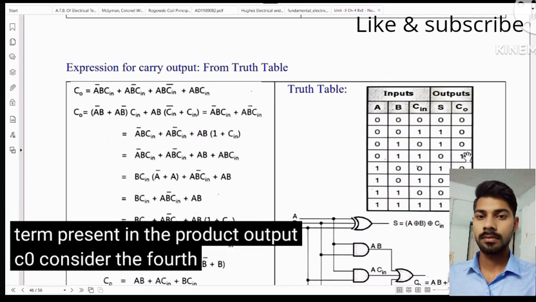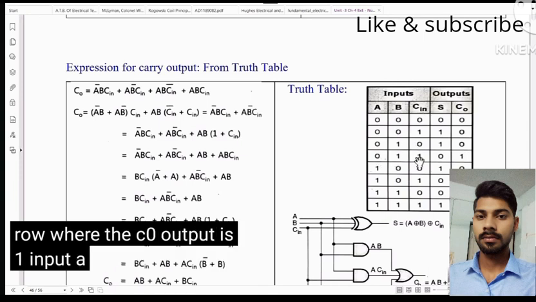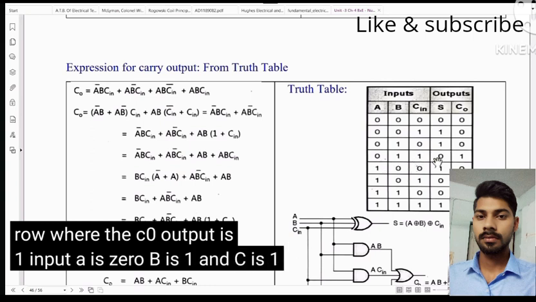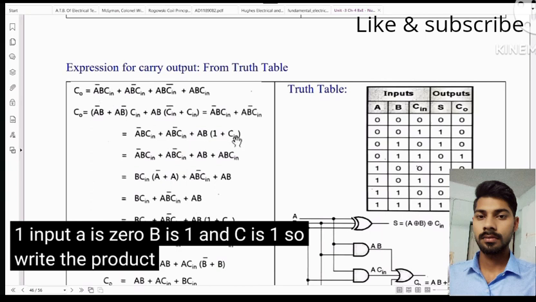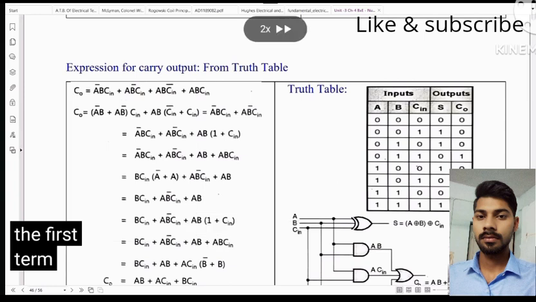Consider the fourth row where the C0 output is 1. Input A is 0, B is 1 and C is 1. So write the product term A bar B C. That is the first term here.